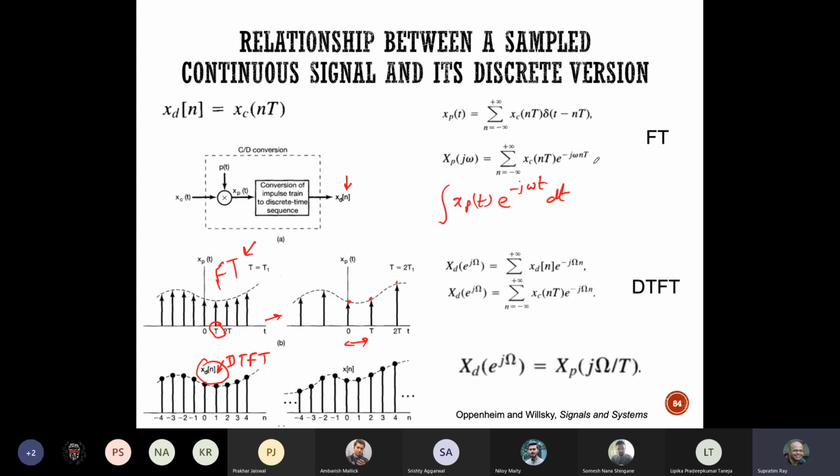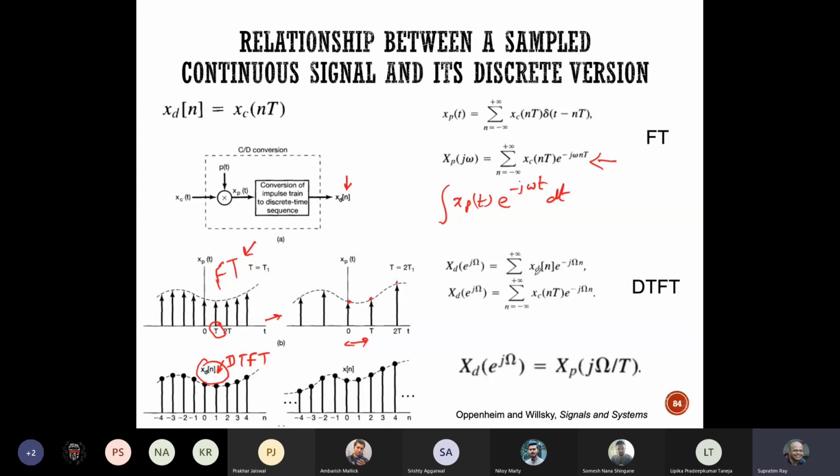That's where the delta function is sitting. So the Fourier transform is just going to look like this. This is when you integrate and then put x_p(t) as this whole thing, and then use the shifting property of the delta function. So this is the Fourier transform of the continuous signal.